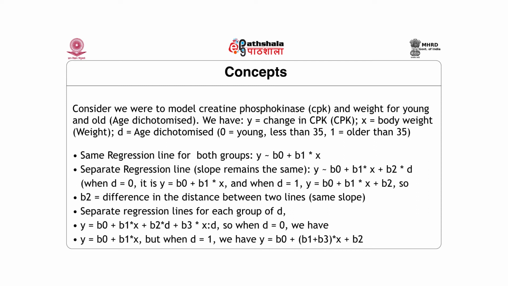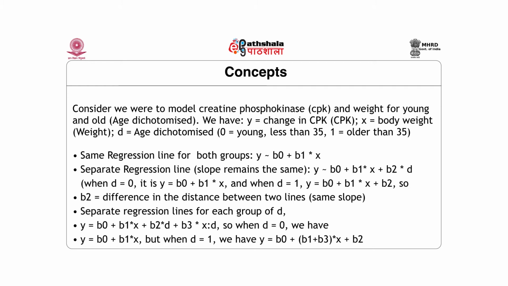Think about it. The slope basically tells you that with each increment in the body weight, what is the change in the creatine phosphokinase? For both young and old, that slope will remain the same.